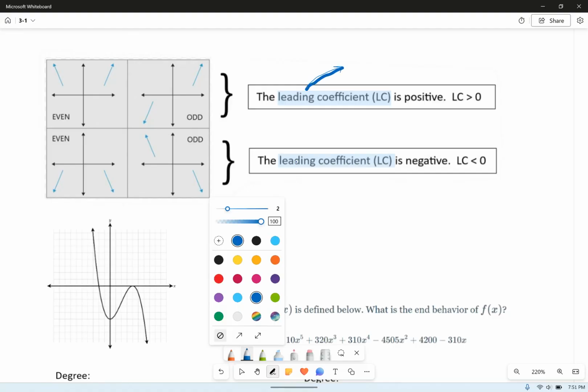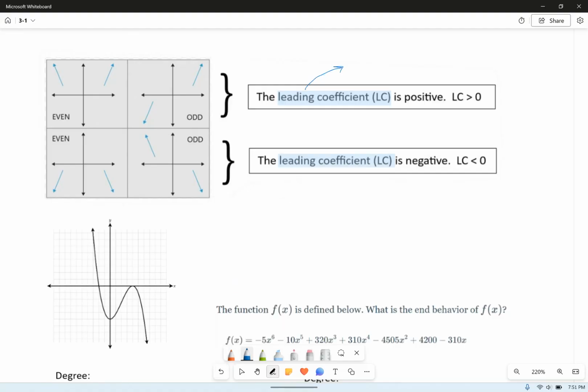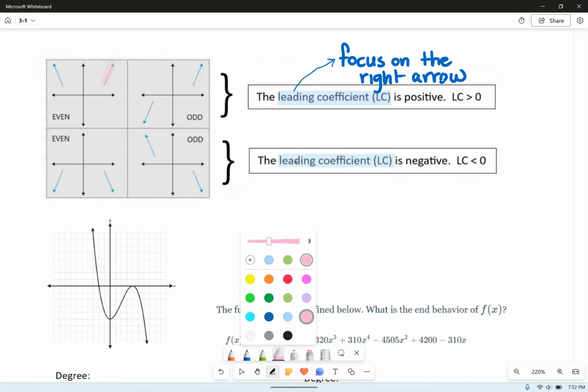So let's do here. Leading coefficient. I need you to focus on the right-handed arrow. So on this chart, if I'm talking about the right-handed arrow, I'm talking about this one, this one, this one, and this one.